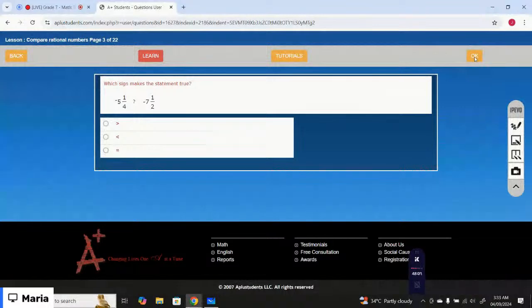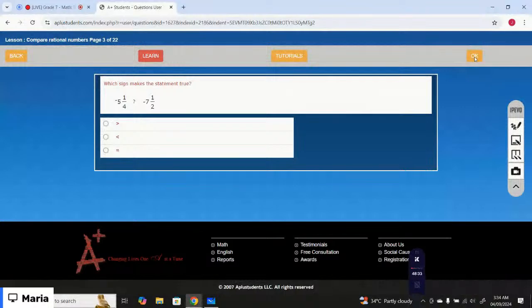Which sign makes the statement true? You have negative 5 whole 1 by 4 and negative 7 whole 1 by 4. So just look at the whole numbers, negative 5 and negative 7, right?